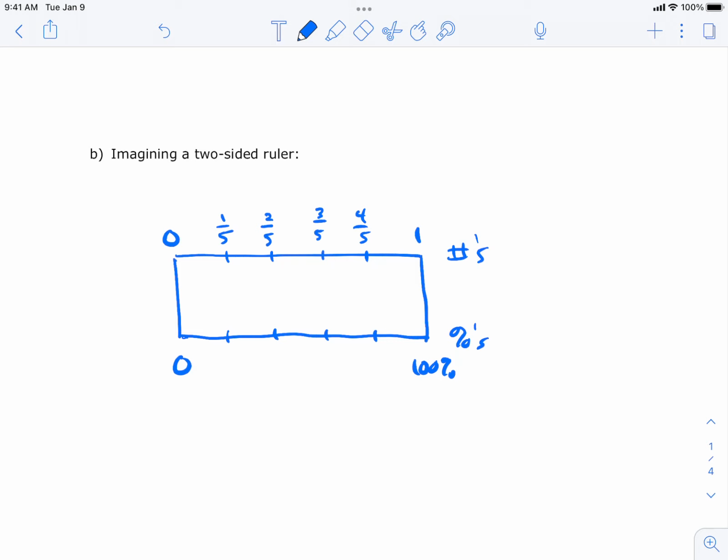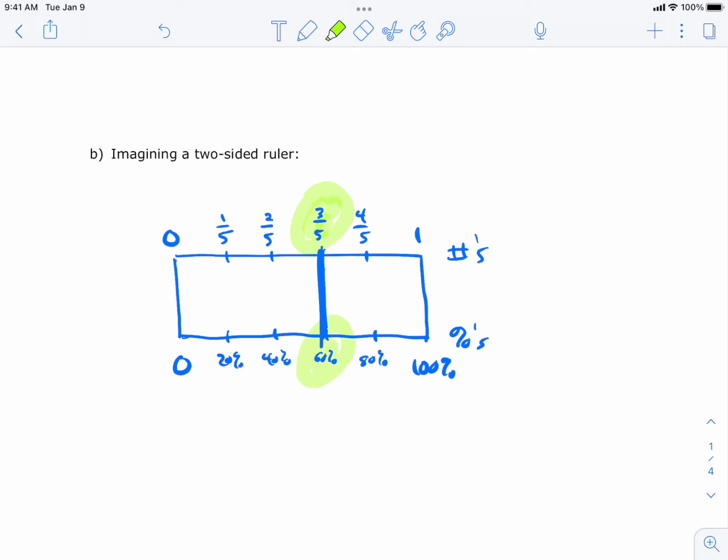One whole is cut into 100 equal parts. That's what percent is. So what are these tick marks then? Well, that would be 20%, 40%, 60%, 80%, right? 0, 20, 40, 60, 80, 100. So the 3/5 is the same as 60%. It says it right there. I like that ruler approach.